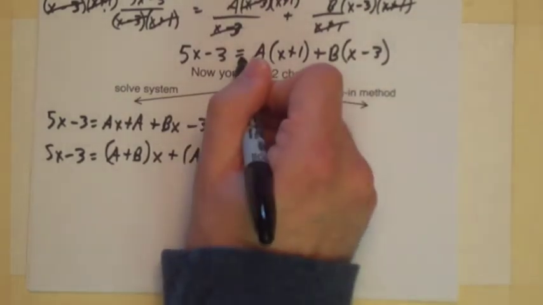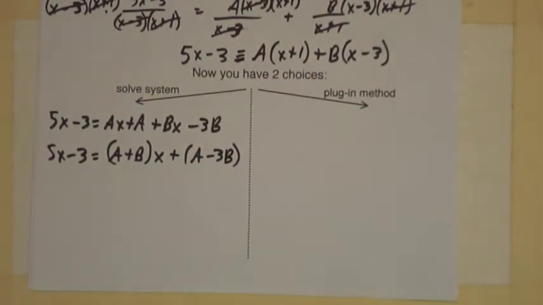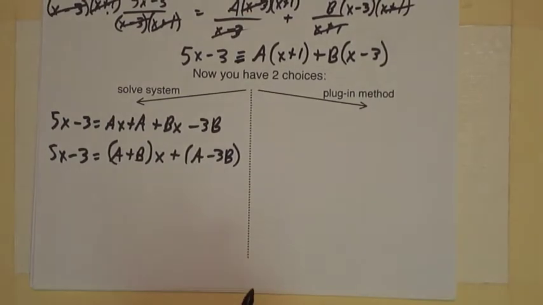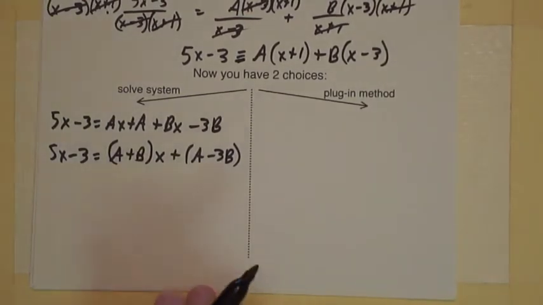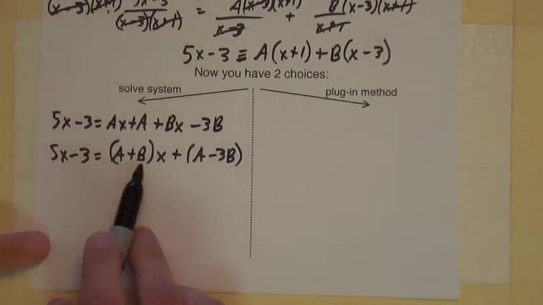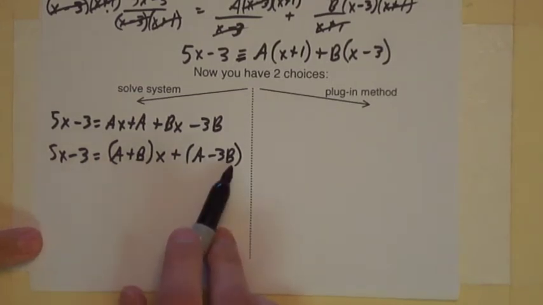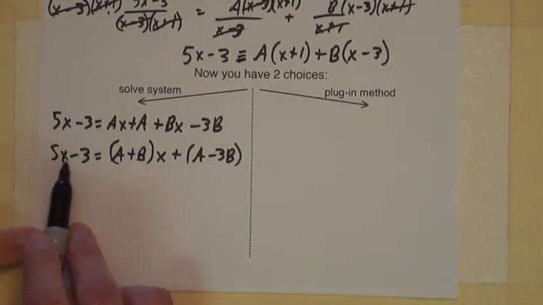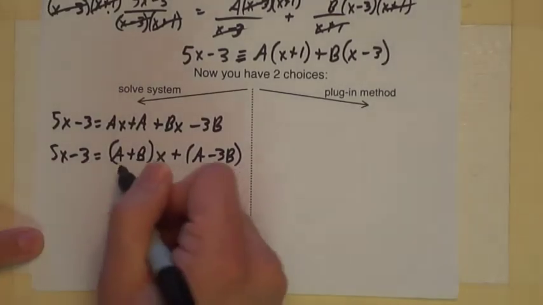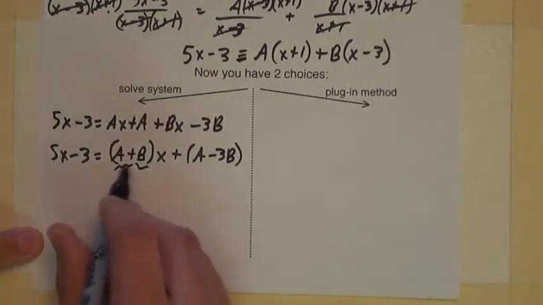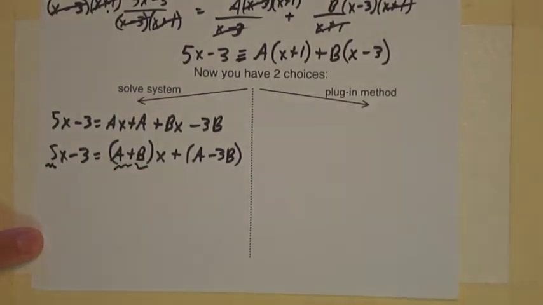It's identically true, and some people would indicate it by putting a third line for the equal sign. That means that this expression, (a plus b) x plus (a minus 3b), always has to match 5x minus 3 exactly, meaning that the a plus b, the number in front of the x, must be 5.